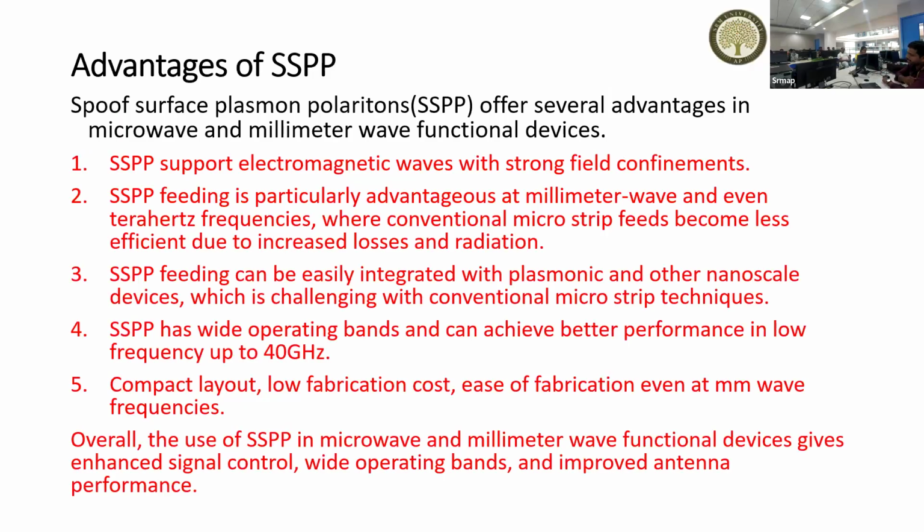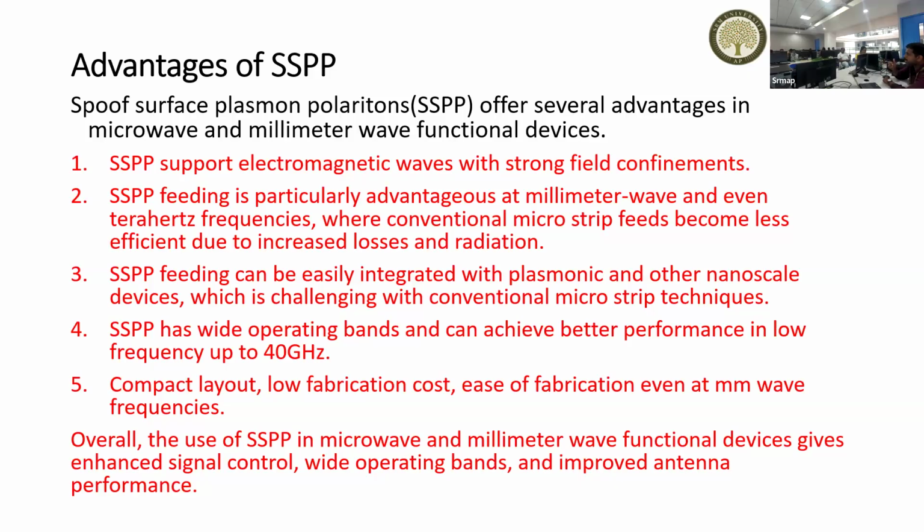What are the advantages? It offers strong field confinement. If you reduce the size of the core to below the cutoff region, the wave doesn't escape outside. So that is the first and foremost advantage. It is used for feeding high frequency terahertz devices.